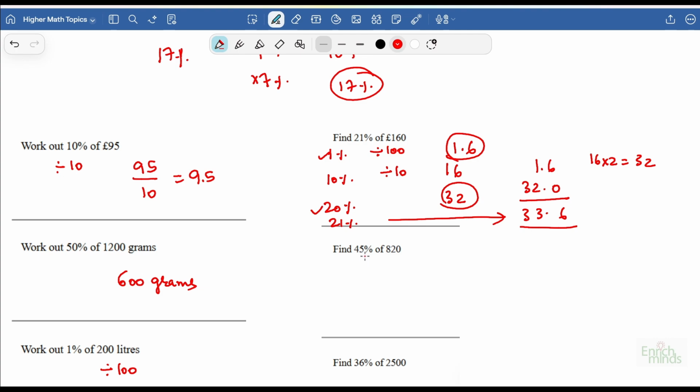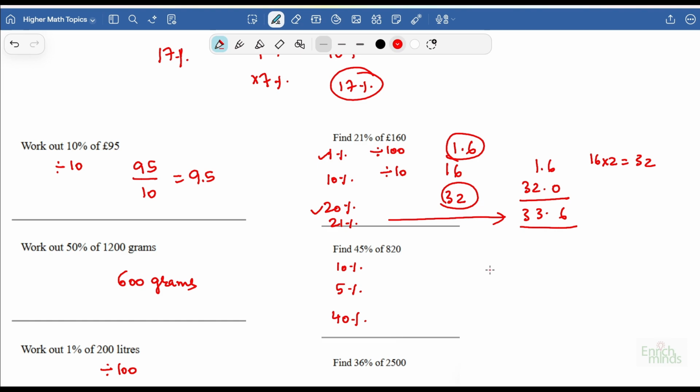The next question is 45% of 820. Here we can have many approaches making use of the easy percents. So first I can find 10% of the quantity and then halve it to get 5%, and then I can find 40% of the quantity. So 10 times 4 gives me 40% of the quantity, and then I add 5% to 40% to get 45%.